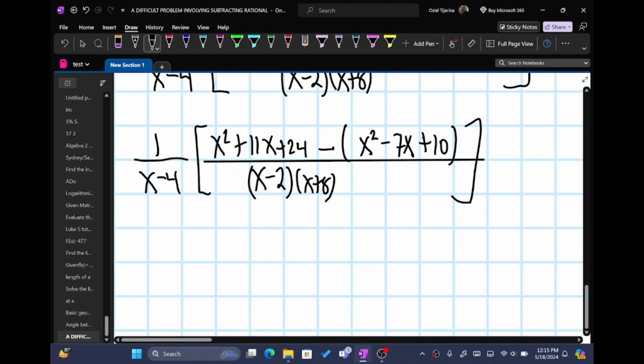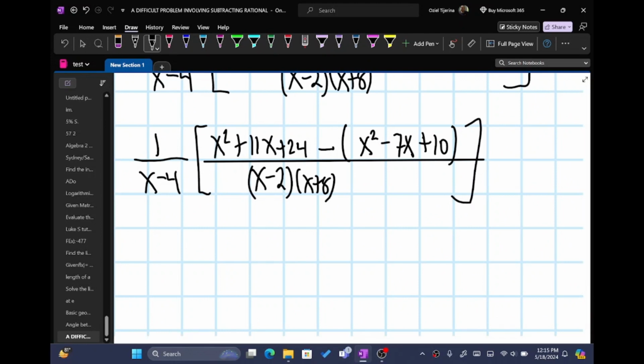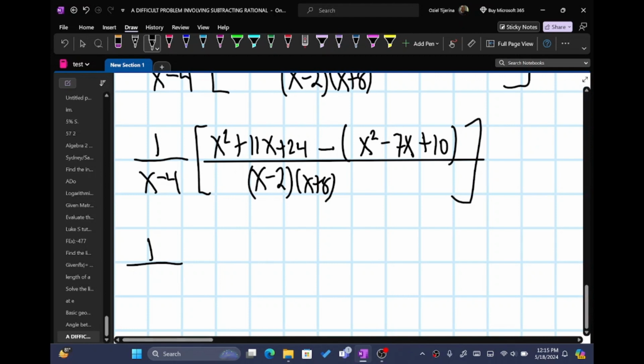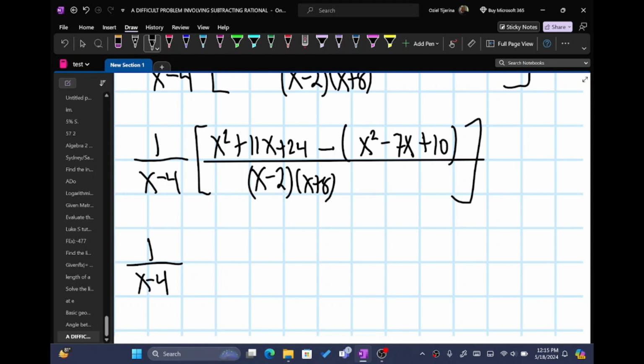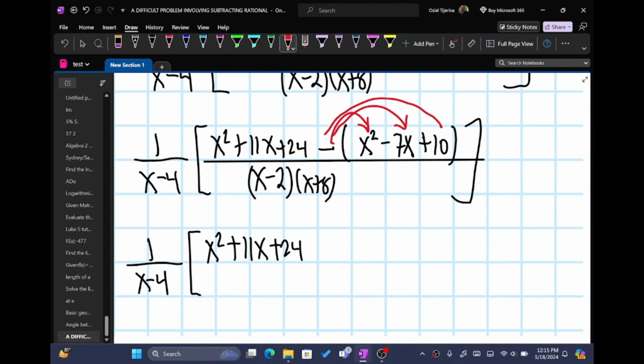So now what I'm going to do is say 1 over x minus 4, times the quantity, and now we're going to have x squared plus 11x plus 24, and we're going to distribute that negative, so that negative is going to go here.